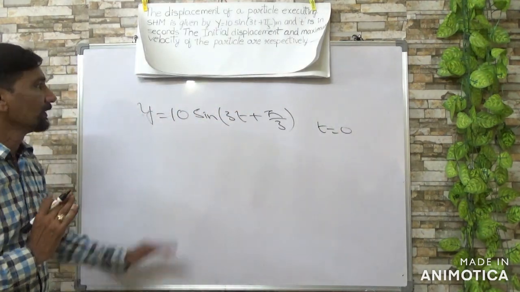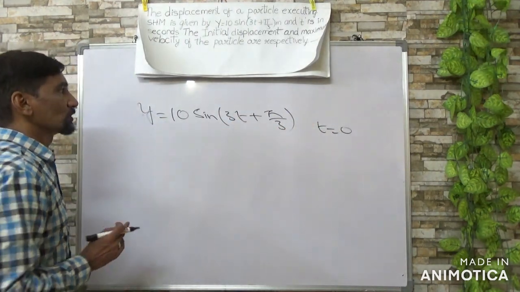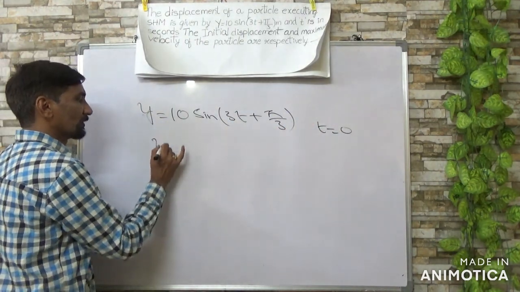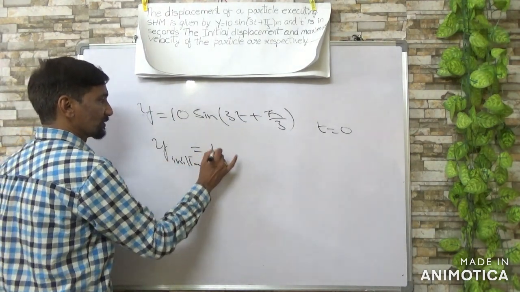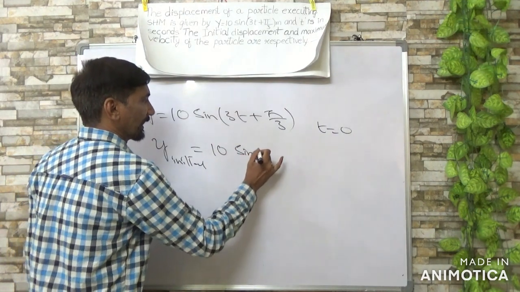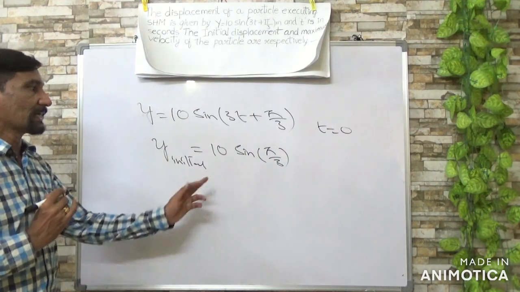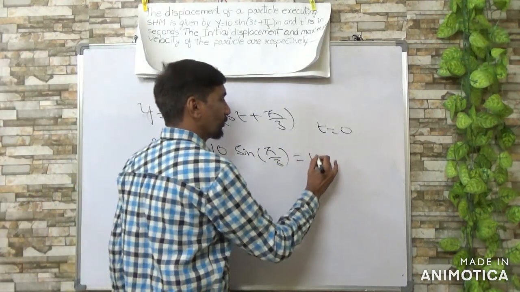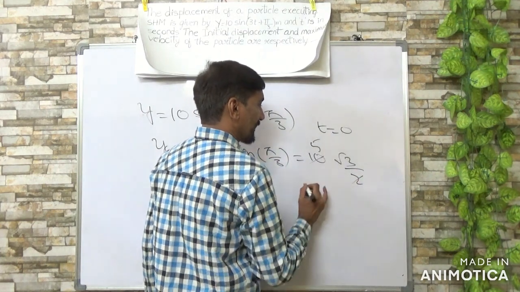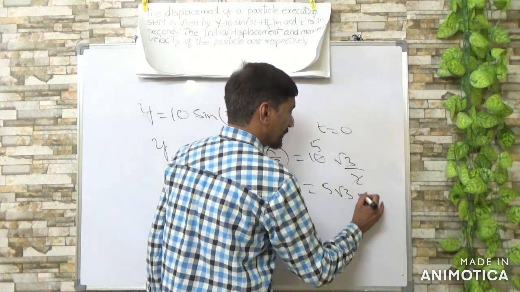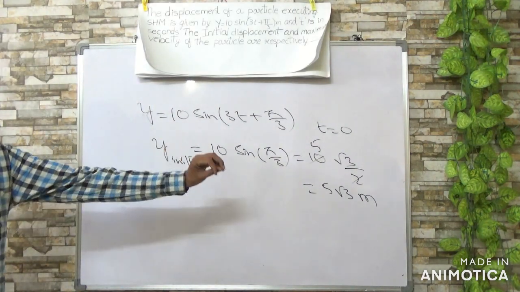Whenever you want to find the initial displacement, simply put t as 0. If you put t as 0 in this equation, you get the initial displacement. So 10 sine, this is 0, pi by 3. Sine 60 degrees value is root 3 by 2. So 2 divides 10, 5 times. So 5 root 3 meter. That is about initial displacement.